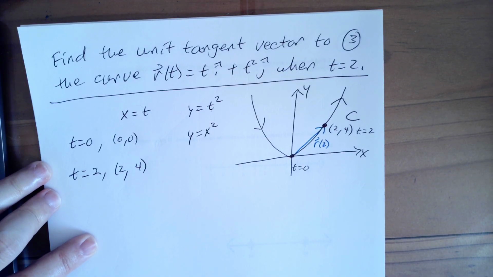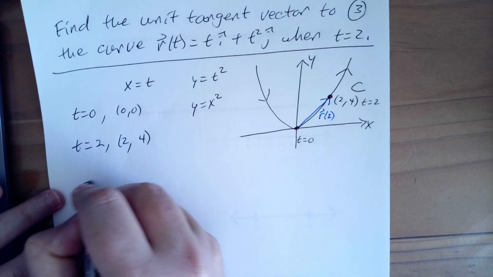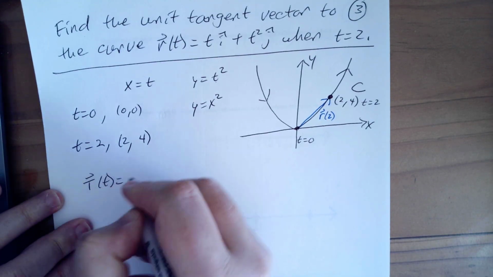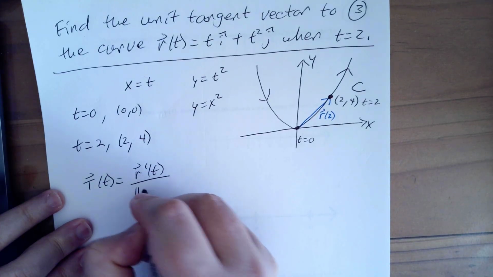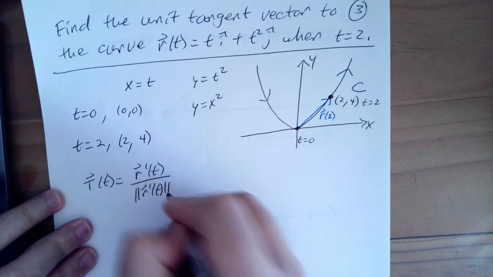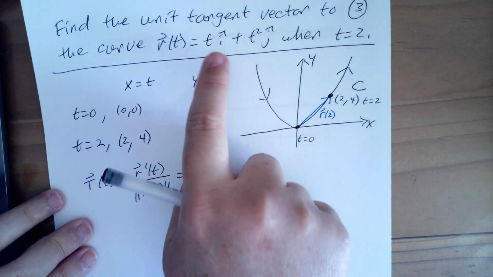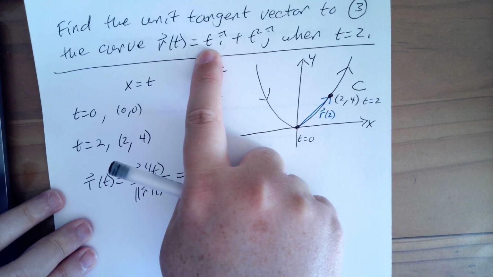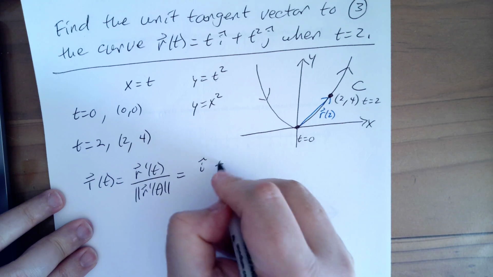Okay, so let's find T of t, our first go around with this new definition. So T of t is going to be r prime of t over the magnitude of r prime of t. Okay, we need derivatives. So the derivative of this is 1 i hat, simply i hat.